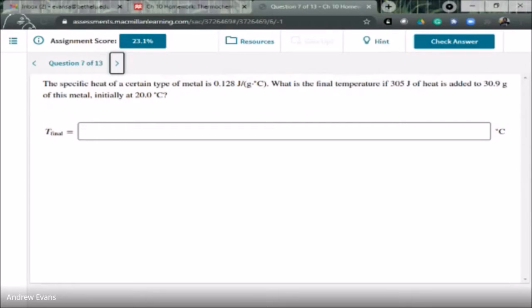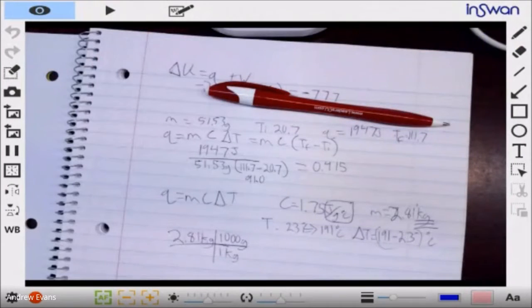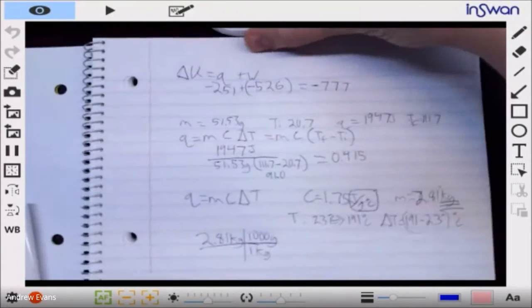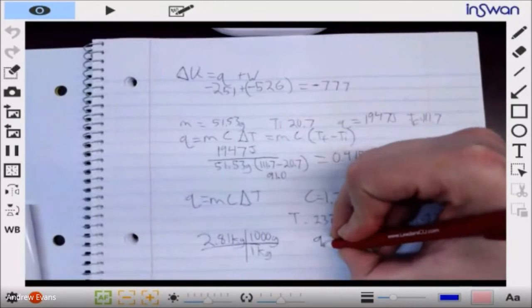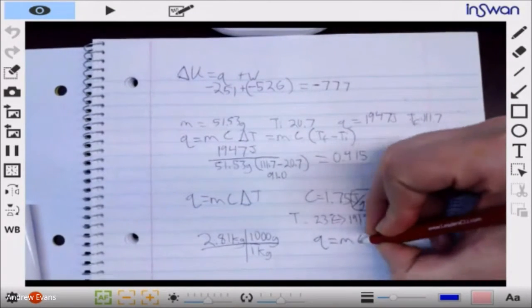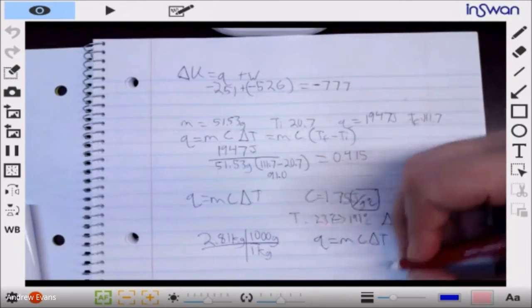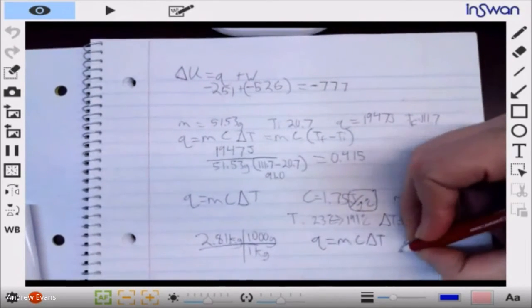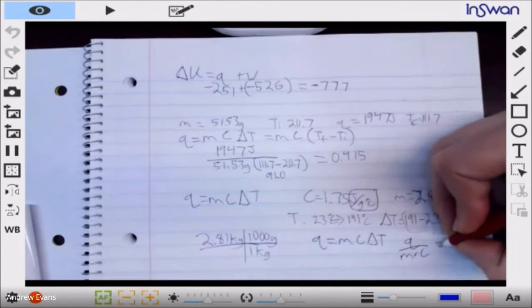But then we have to do one more step, because they asked for the final temperature given the initial. So you would rearrange Q equals mc delta T to get Q over m times C equals delta T.